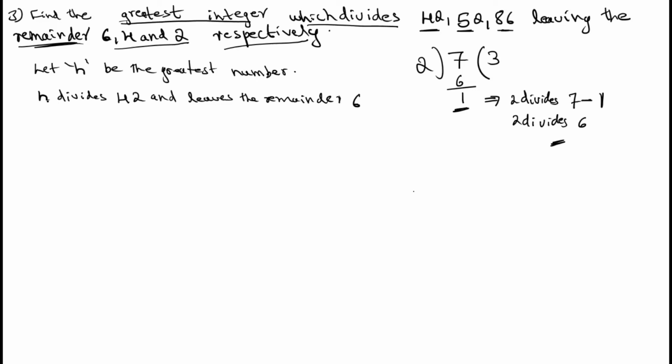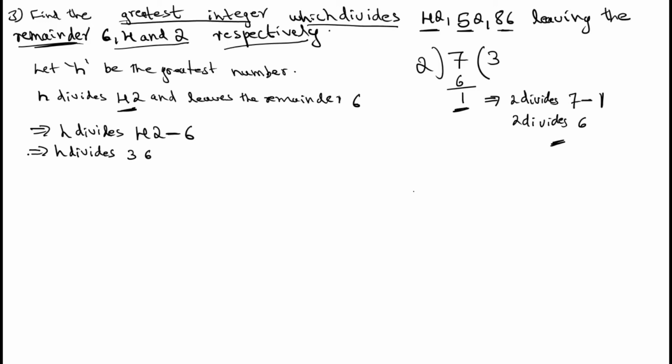Similarly here, given data: H divides 42 and leaves the remainder 6. That implies H divides 42 minus the remainder, that is 6. This implies H divides 42 minus 6, it's equal to 36.